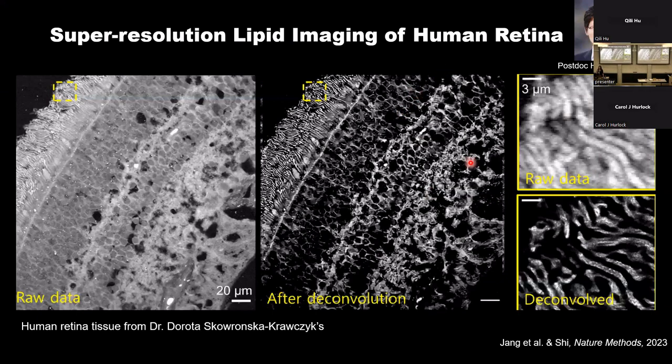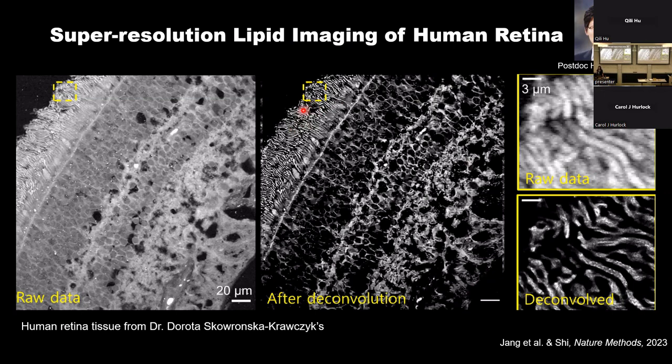Because of the importance of the human retina, everybody knows it's a part of the brain, right? Our eye retina is part of the brain. So it's like a window to our brain, and the chemical composition or lipid composition on these rod cells in the human retina on top here is extremely important. During the aging process, we have observed a chemical bond change or maybe a molecular change here.